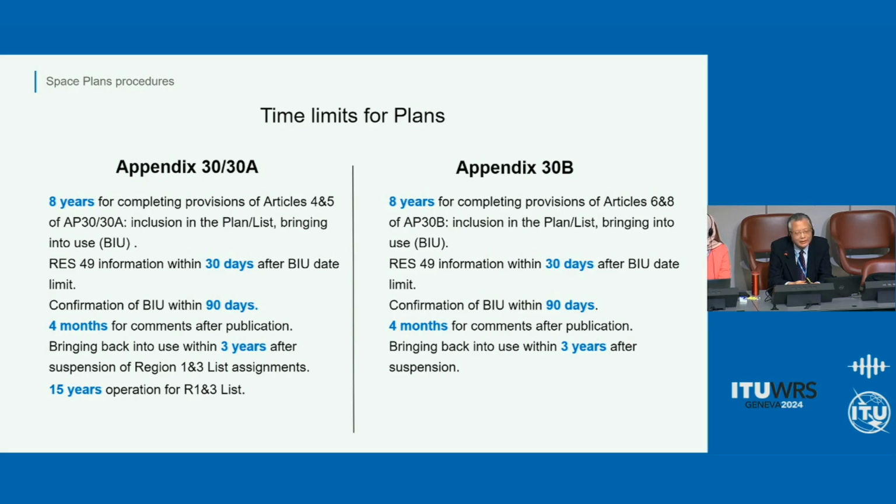There is an 8-year regulatory time limit, which means from the date of your first submission to bringing into use your satellite network, there are 8 years instead of 7 years, like in non-planned services. So you have to bring into use within 8 years, and you have to send the Resolution 49 information at least 30 days after the bring-into-use date, and also for Region 1 and Region 3, with the possibility for extension of another 15 years.